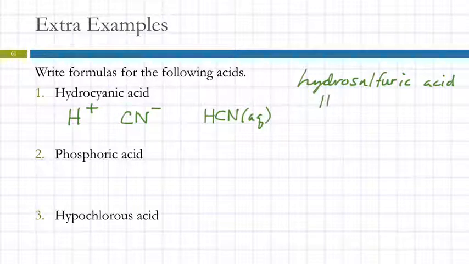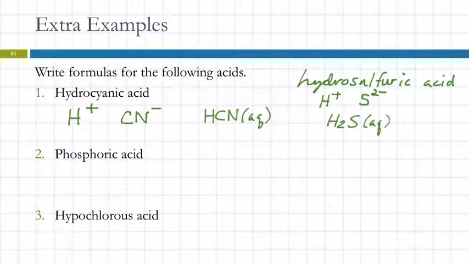So we've got a hydrogen ion, and then sulfuric comes from the element name sulfur. So here's sulfur. What's the charge on a sulfide ion? 2 minus. From its position on the periodic table. So then we look at the charges, and this must be H2S aqueous.